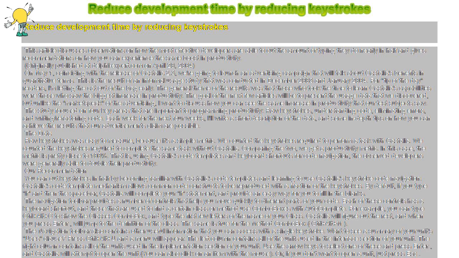Conclusion: raw keystrokes are not the only, and certainly not the best, measure of programmer productivity, but programmers spend a significant amount of time typing, and reducing keystrokes means getting more done, faster.